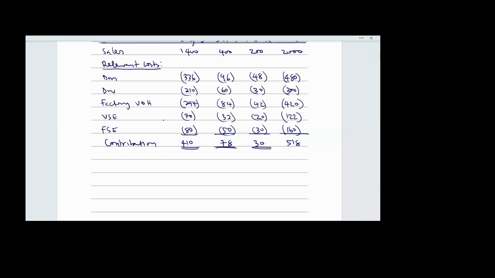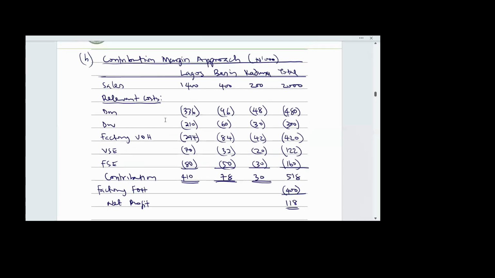But for the organization as a whole, the company has incurred factory fixed overhead of 400,000 naira. So it is the organization as a whole that will bear the entire 400,000. Which means that the net profit still remains the same. So net profit. This is what the examiner wants you to do in the B requirements.